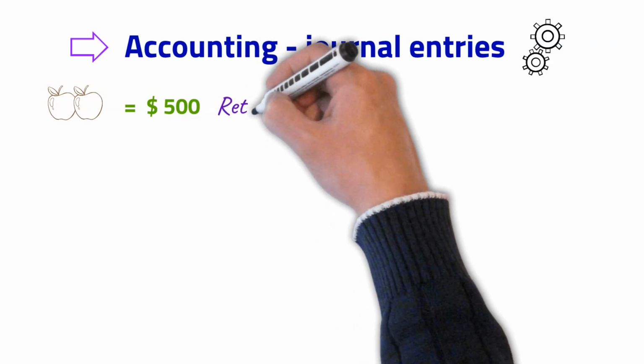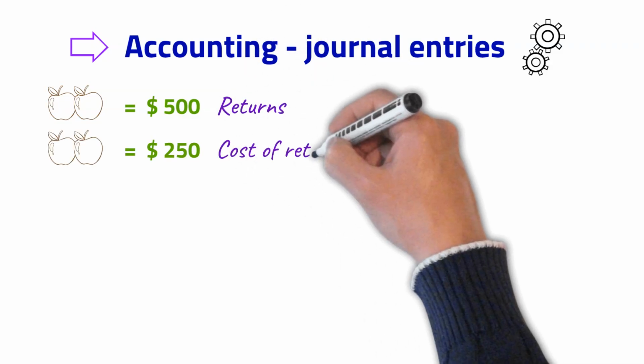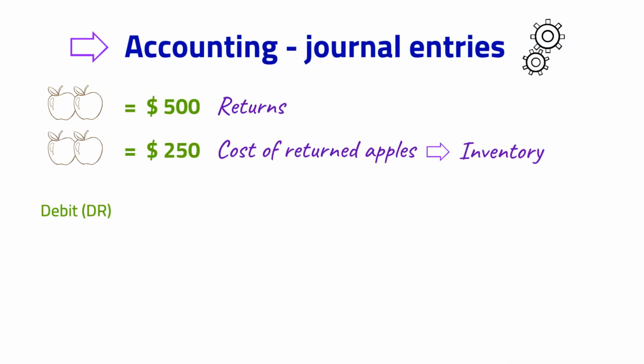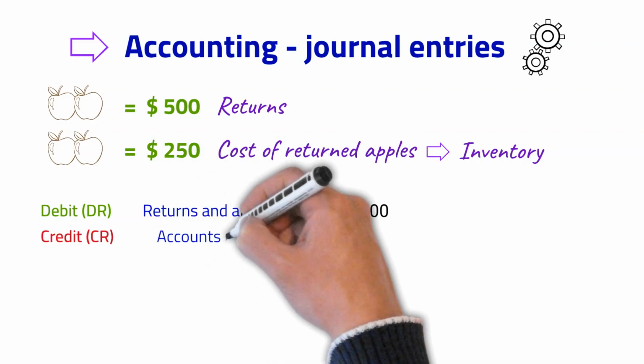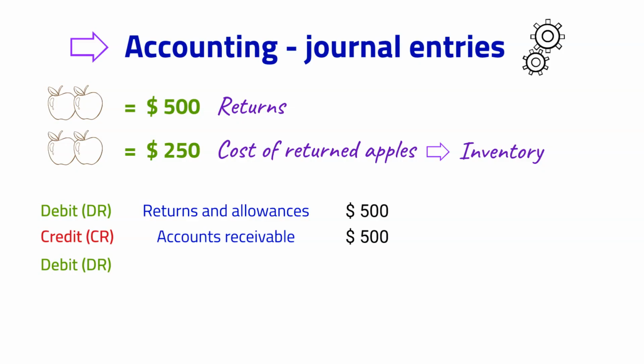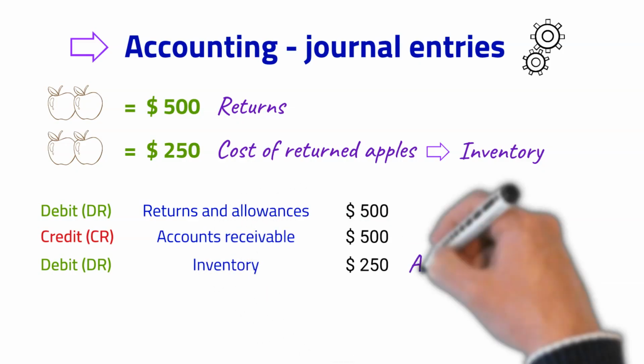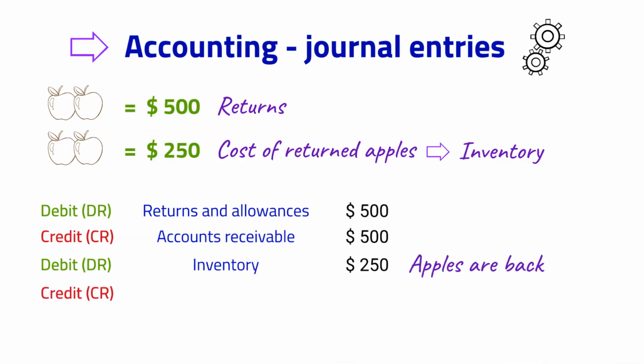That's exactly the amount we put back into inventory, and journal entries will be: debit sales returns and allowances $500, credit accounts receivable $500, debit inventory $250, we put apples back, credit cost of goods sold $250. We need to also cancel COGS. The sale didn't happen, but we also didn't lose our apples.